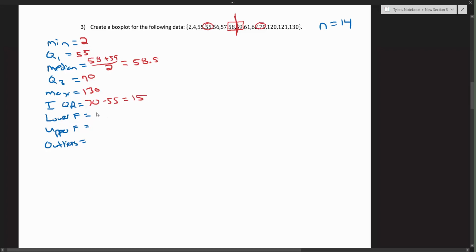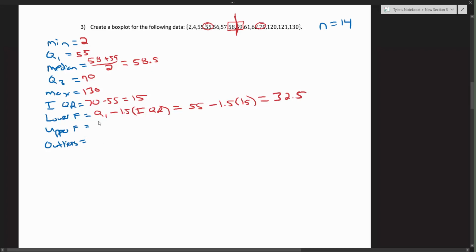The lower fence is Q1 minus 1.5 times the interquartile range. So that would be 55 minus 1.5 times 15, which gives me 32.5.